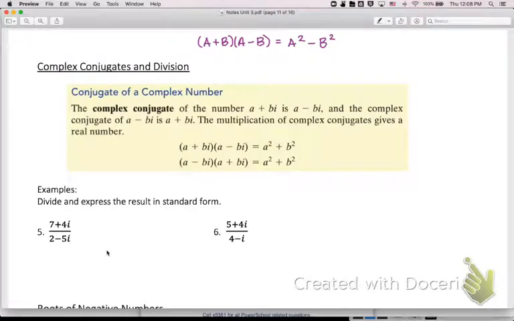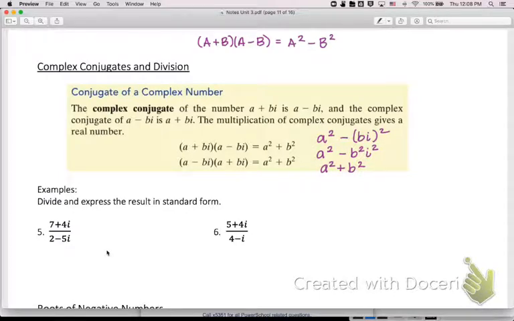Well, because if I add in the i values there, so you see here we have a plus bi, a minus bi, or vice versa, what we're really getting there is a squared minus bi squared. Well, that's a squared minus b squared i squared, and we know that i squared is negative 1, so that's why this turns to a squared plus b squared.